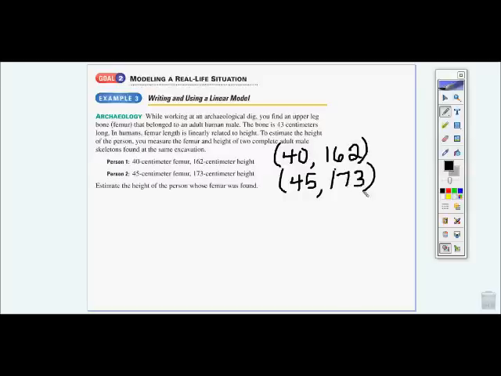So now I have two coordinate points. I can follow the same thing that I have been doing. I would find the slope first using those two coordinate points, and I'm going to shorten this up and tell you that it turns out to be 11/5, which could also be 2.2.